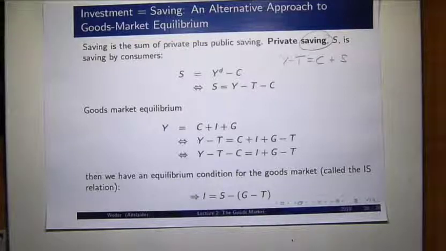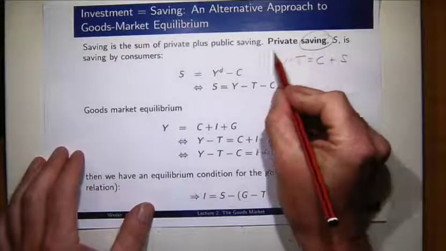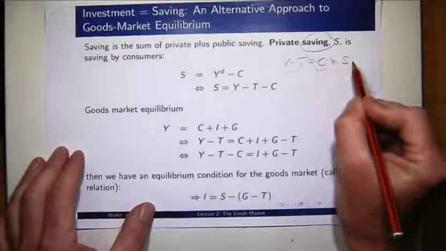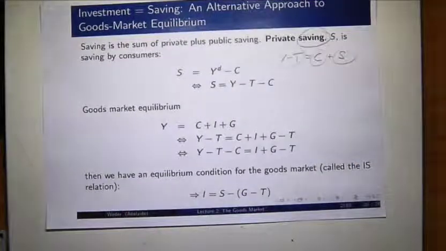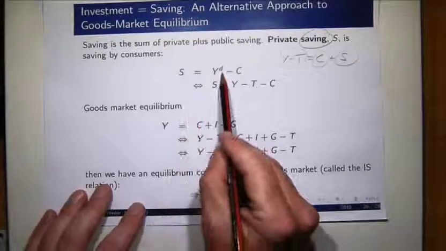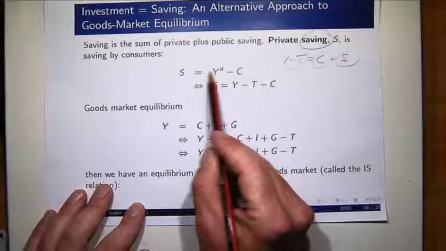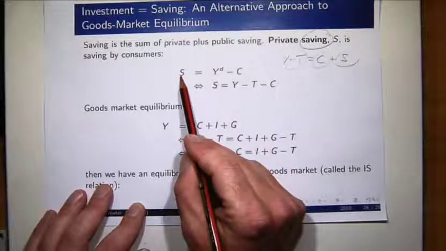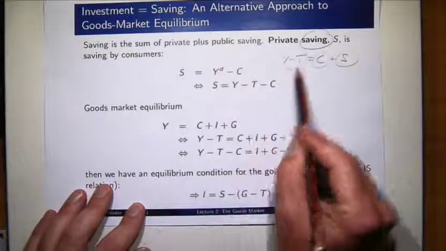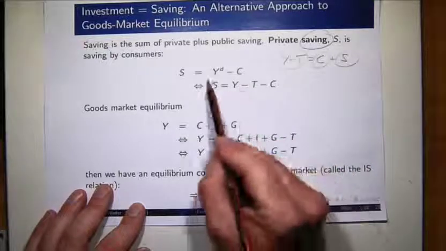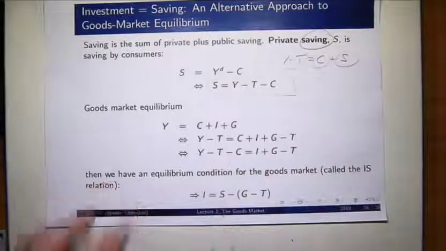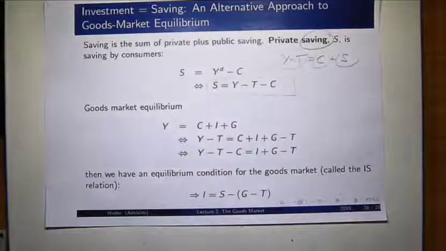So your after-tax income can only be consumed or saved. Nothing else you can do with that. So if I take away all my consumption from my disposable income, I have my savings. My disposable income is of course Y minus T. So savings in this economy always has to be Y minus taxes minus consumption. This always has to hold.